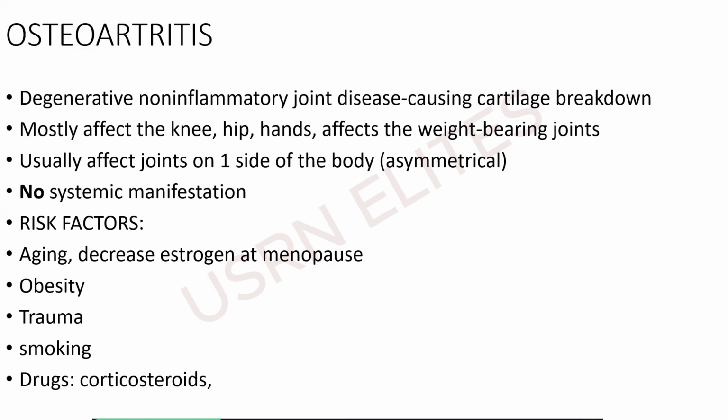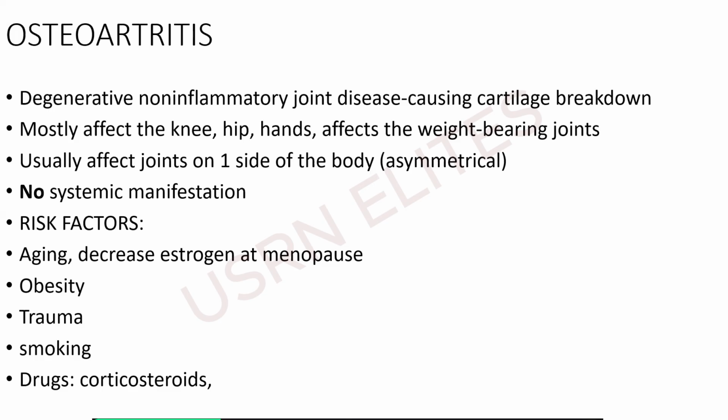So if it takes more than 30 minutes in rheumatoid arthritis for stiffness to go down, what do you think will happen in osteoarthritis? Stiffness time will be shorter or longer? Shorter. Okay, so just understand the concept. Just know the rule and you'll be able to distinguish between the two.